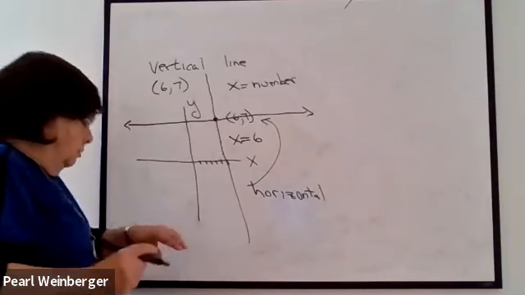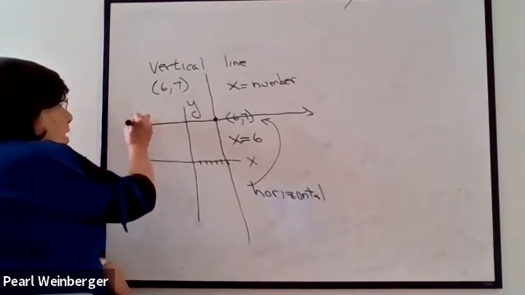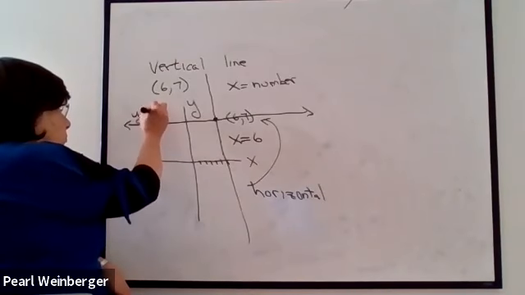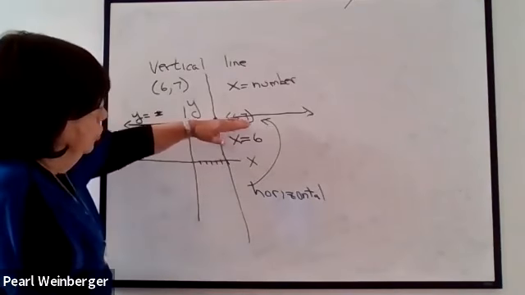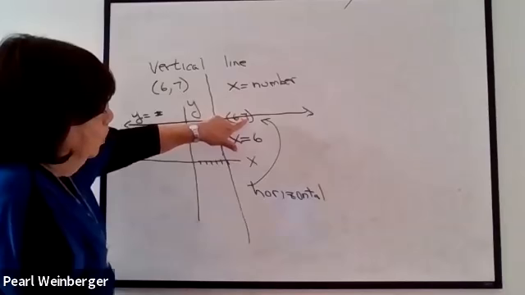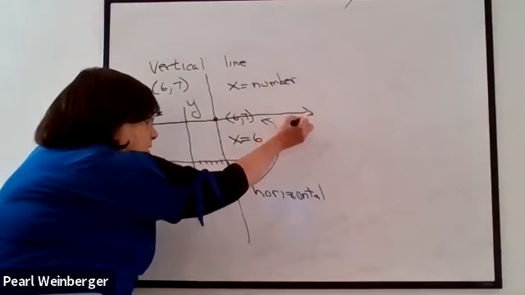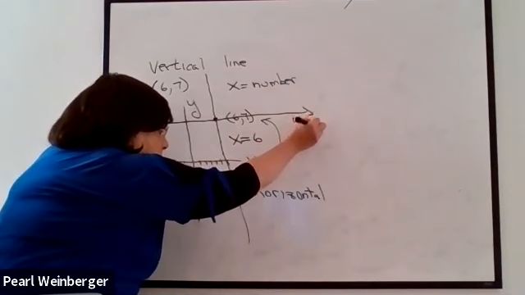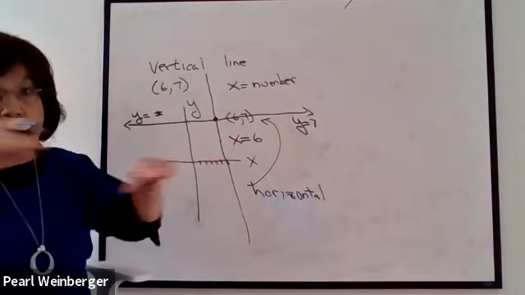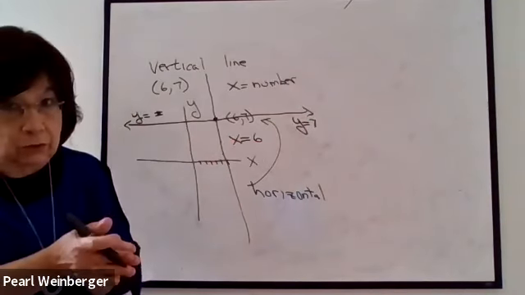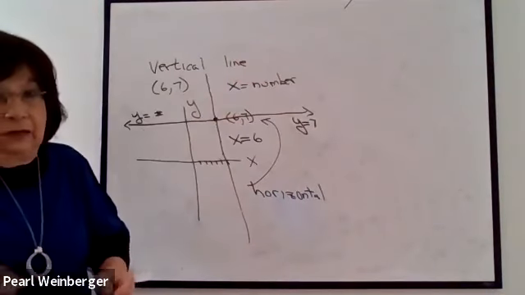A horizontal line always has an equation y equals a number. But what number does it have to be? I just look at the point. Whatever the y is, that's the number. So the equation of this line is y equals 7. But remember, horizontal means straight across, and it's y equals a number. Vertical means up and down, and that means x equals a number.